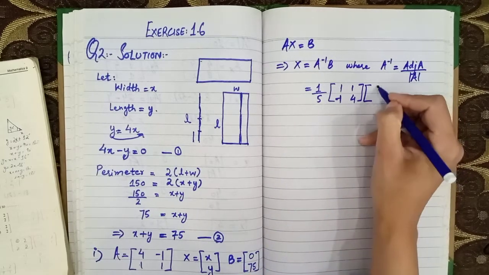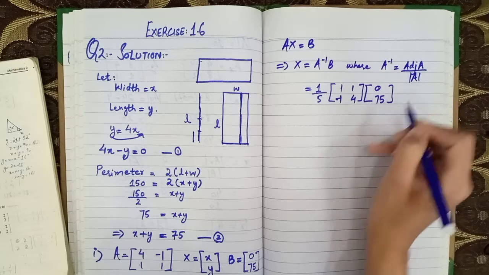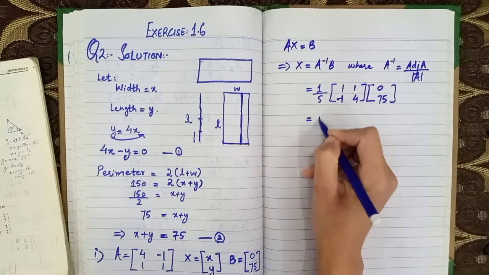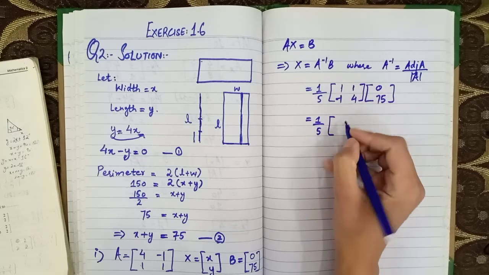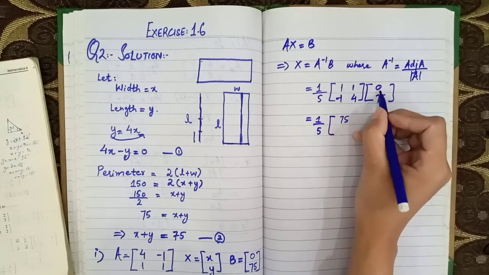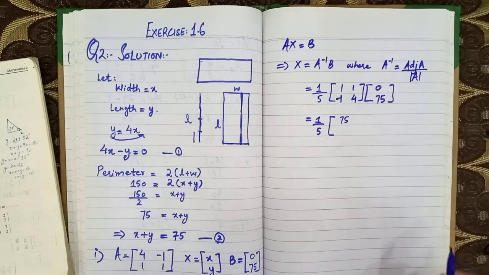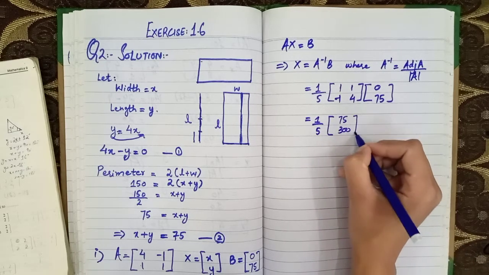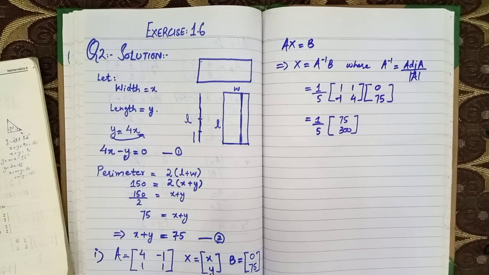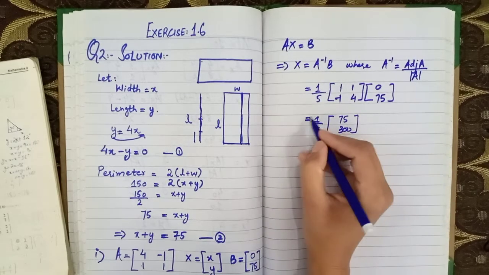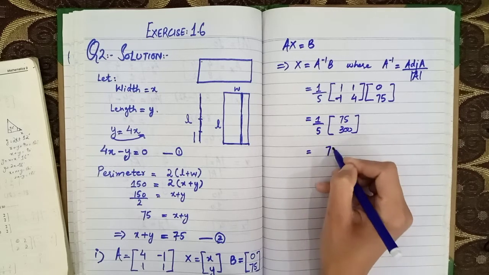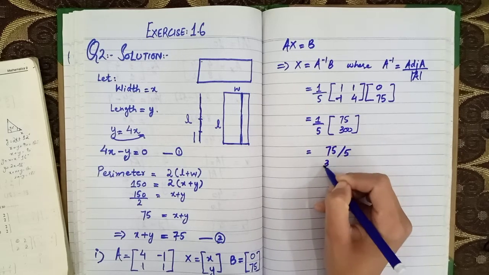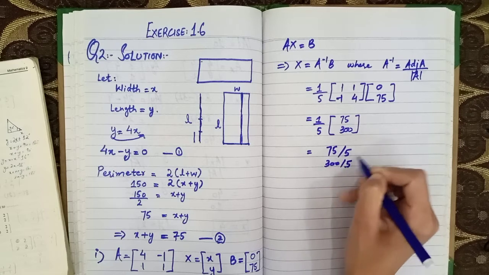B is 0, 75. One into 0 is 0, 1 into 75 is 75. Minus 1 into 0 is 0, 4 into 75 is 300. Now let's multiply this whole term with both of the entries. 75 divided by 5 and 300 divided by 5.